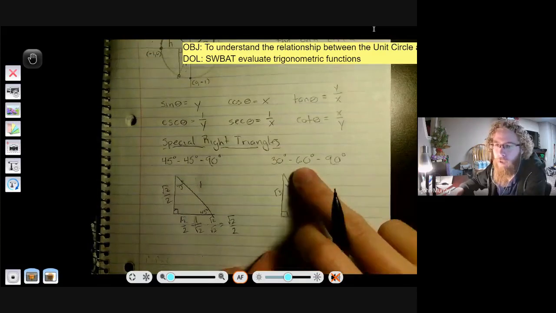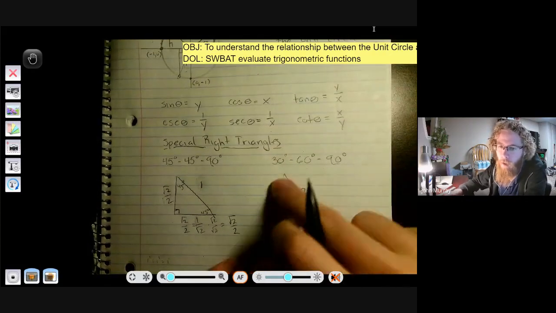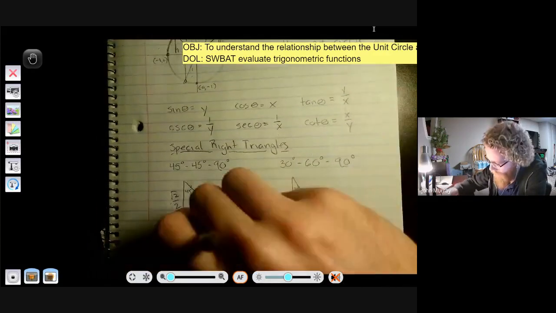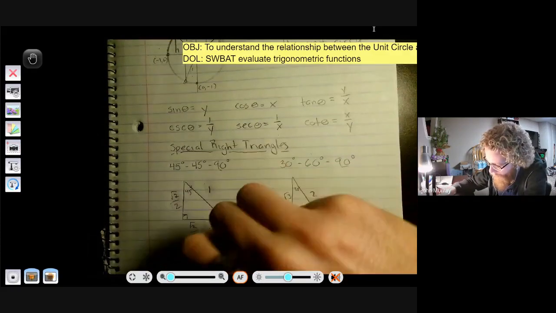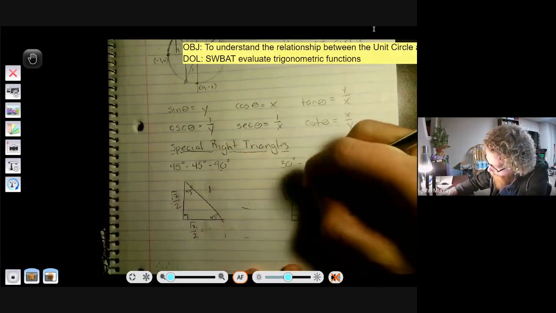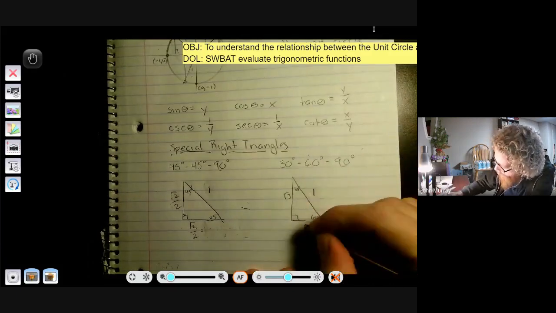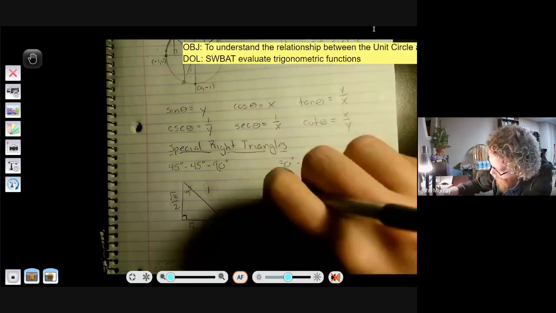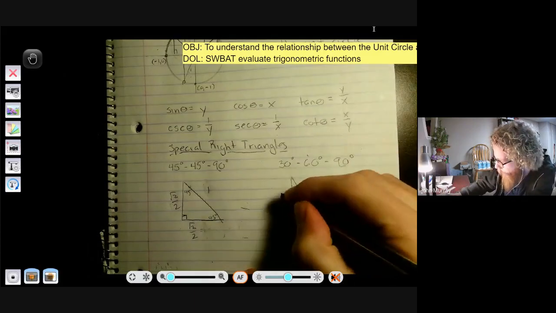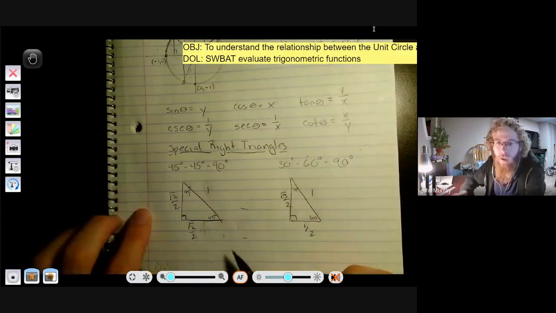Okay, here for our 30, 60, 90 degree triangle, we always have this relationship. So again, I am making this 1. So this is going to be 1/2, and this is going to be root 3 over 2.